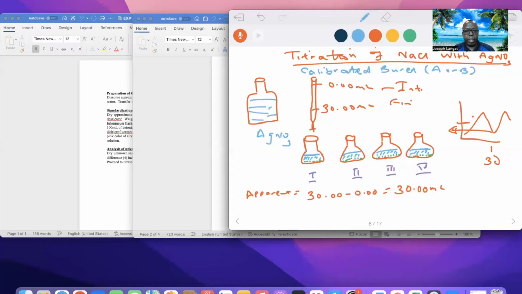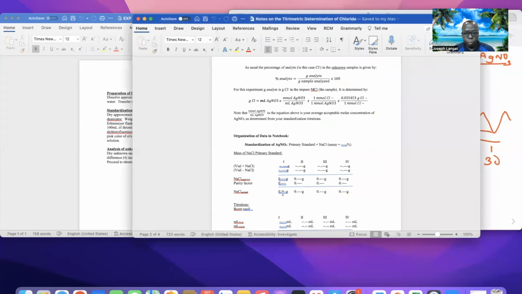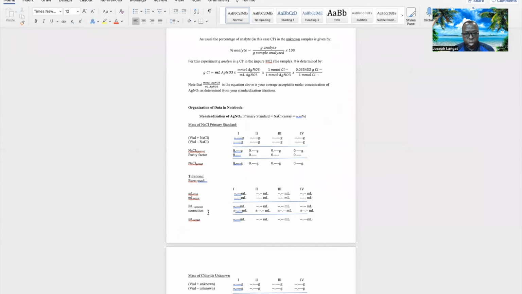It could be negative, so that when you plug in the value here in the titration, initial 0.00 based on the illustration, and final is 30.0. I'm just giving you hypothetical numbers. When you subtract final minus initial, you get what we call apparent mL.